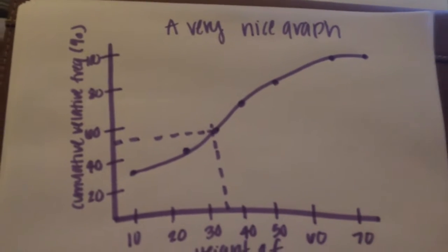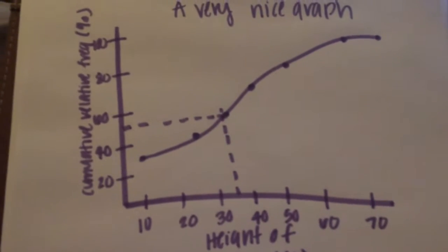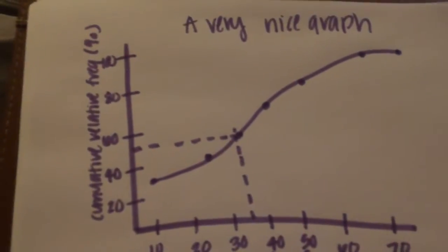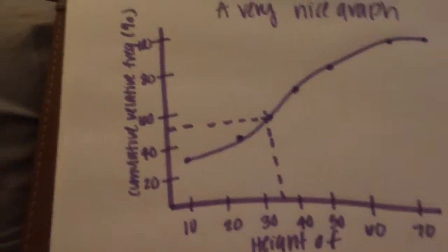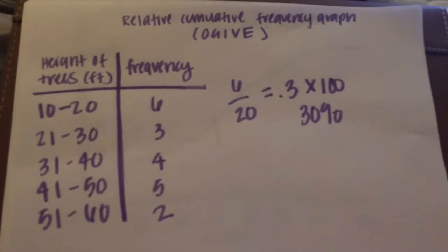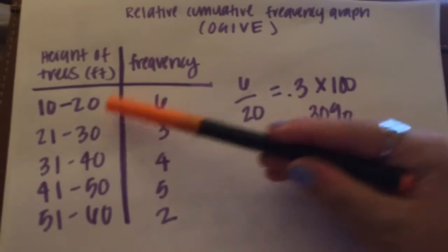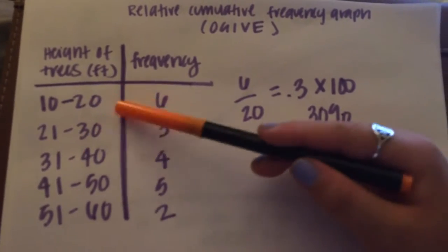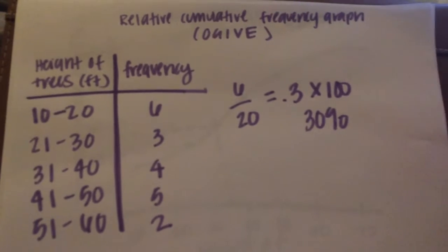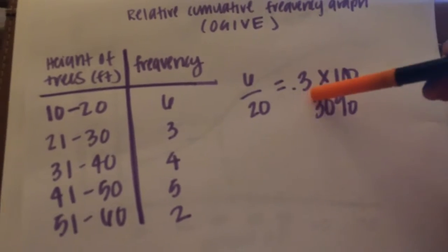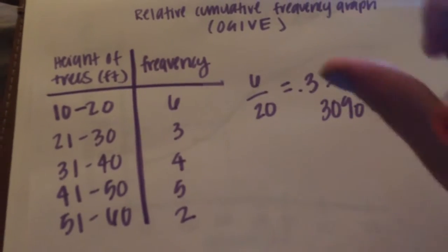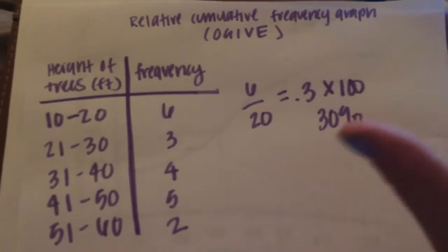But basically, in order to really graph it, you have the intervals, right? So 10 to 20 feet, 21 to 30 feet, and whatnot. What you need to do is take the frequency that you've calculated for one interval and graph it at the next lowest part of the next interval.